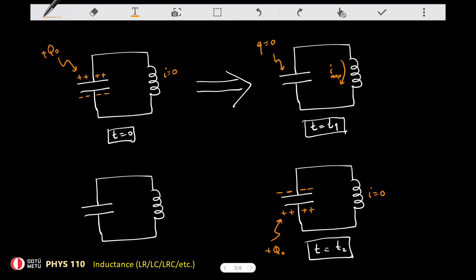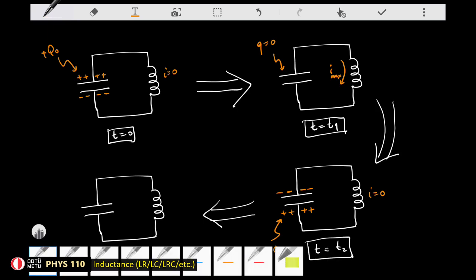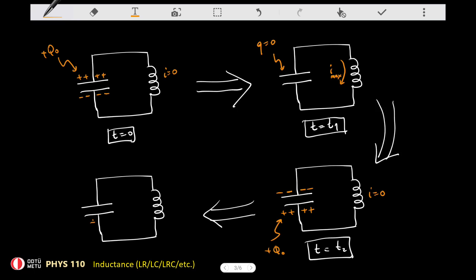So let me draw these arrows. From t equals t1, we pass to that stage. And from t equals t2, we will pass to that stage in here, where the plates will start discharging again, but in the opposite direction. So the amount of the charge on the positive plate will decrease. There will be a positive current along this direction.